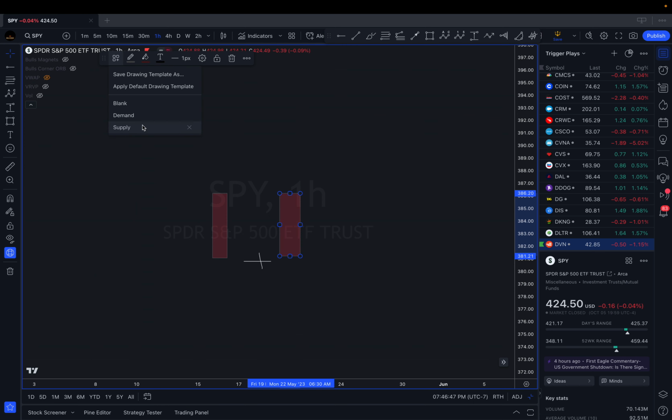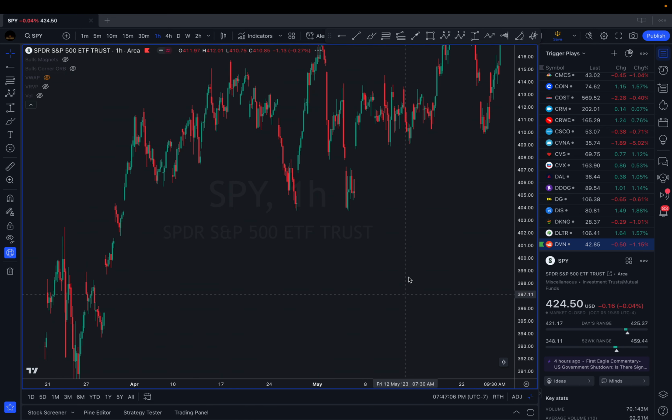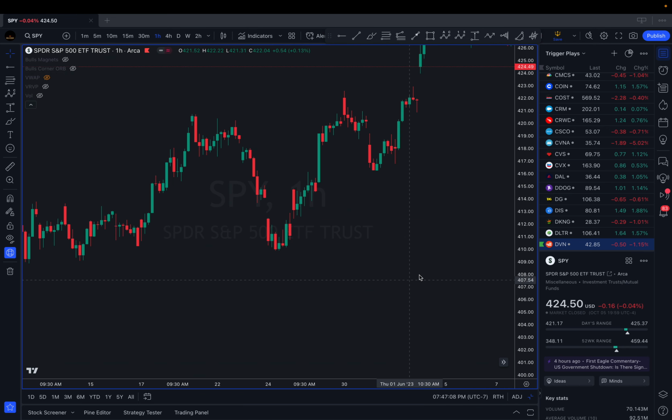This bullish engulfing should be breaking the prior highs, and then something like this. So now let's look at some of the examples if we can find.